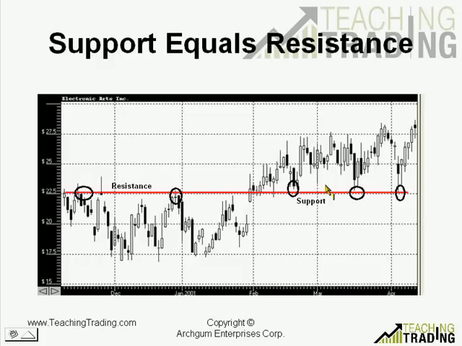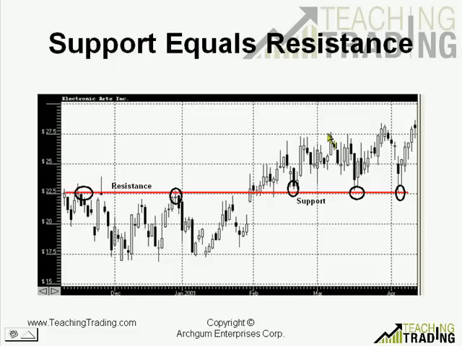Now recall that when prices break above the resistance line, it moves to a new high, and a new resistance line is formed at a higher price level. So to find a new resistance line, we look for two intermittent highs.